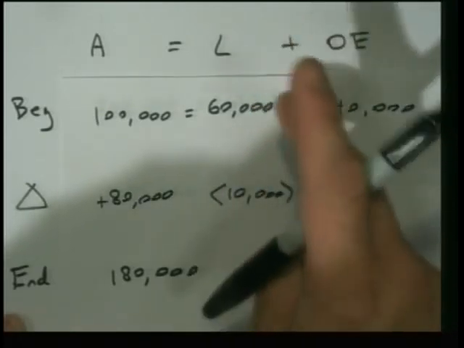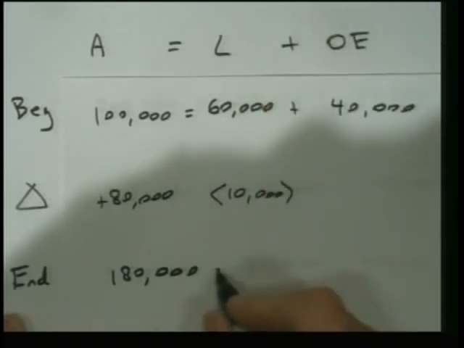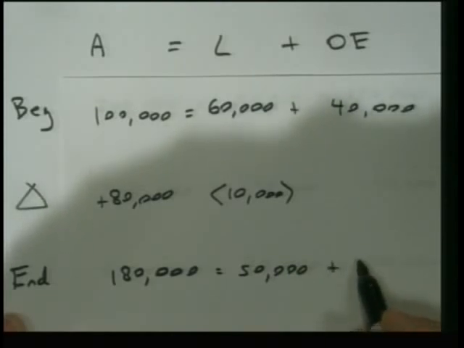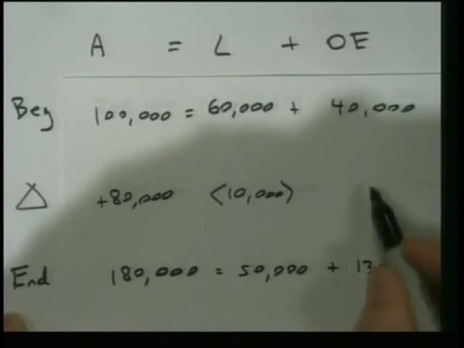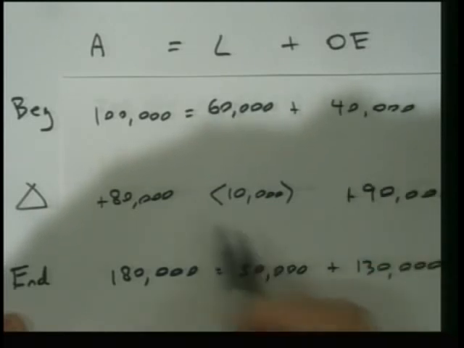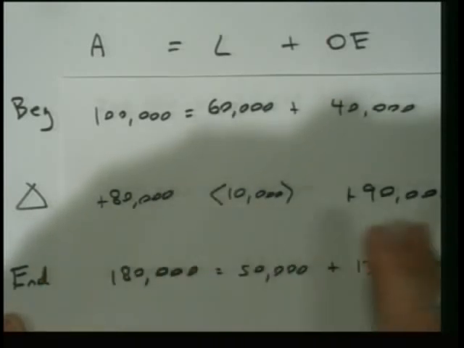So 60 minus 10 equals what? 50? So what does owner's equity have to equal? 130? 40 plus what equals 130? 90? Okay, well, does 80 equal negative 10 and 90? Yeah, it does, doesn't it?